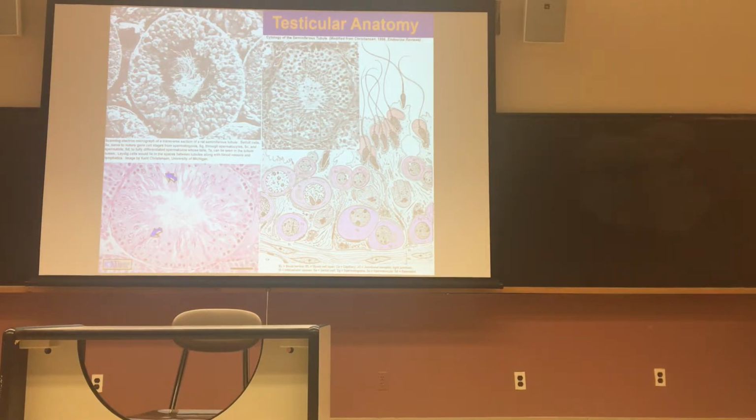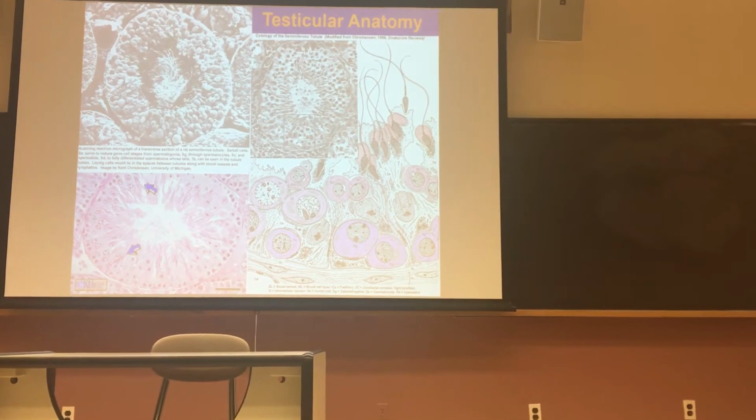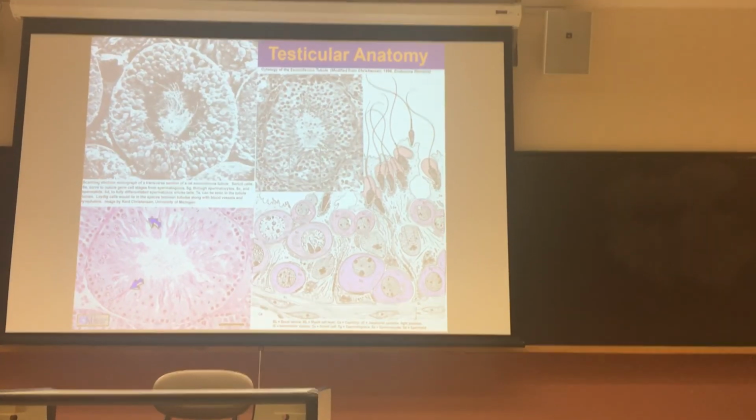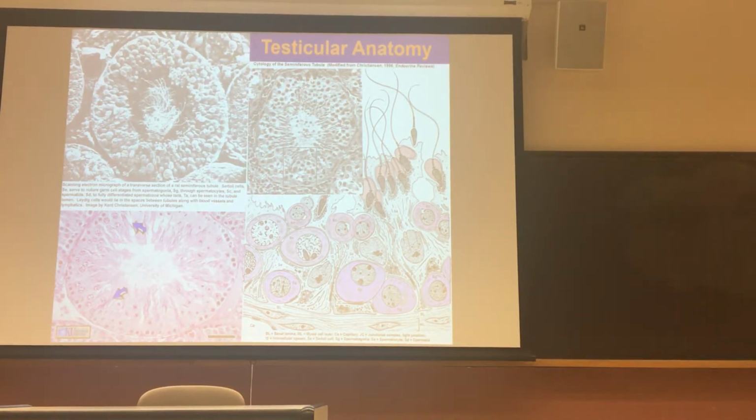Now there are some myoid cells that occupy space around the basal lamina to help form this wall around the seminiferous tubules. So blood vessels are exterior to these seminiferous tubules. There's no blood in here.